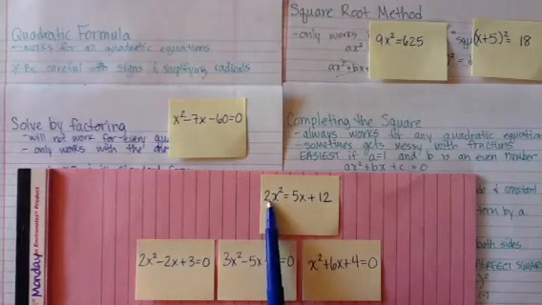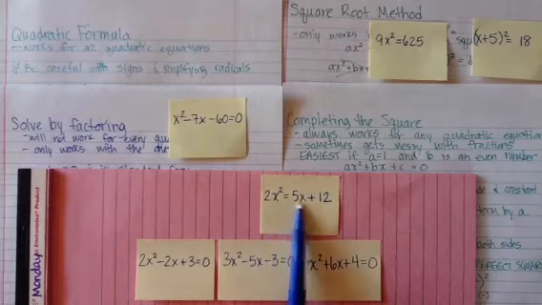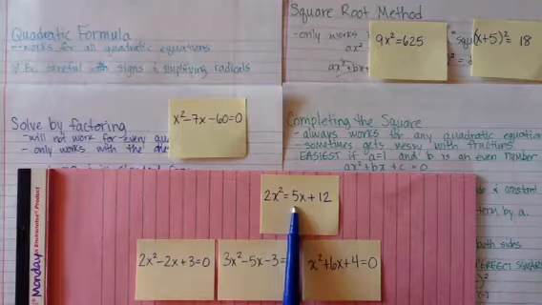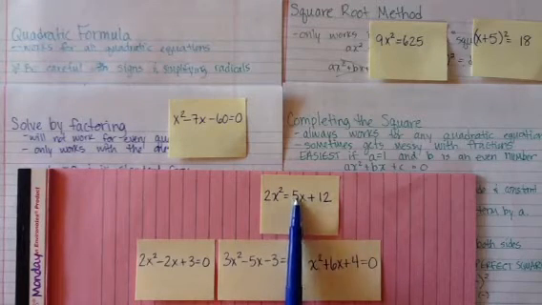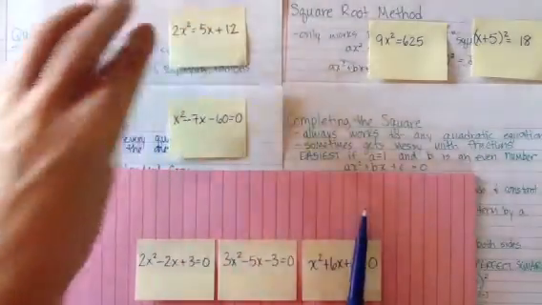If we look at this coefficient of 2x squared, the coefficient is 2. If we divide every term by 2, we're going to have 5 halves for b, because b will not be an even number, it will be a fraction. So let's not do that by completing the square. Let's put that with quadratic formula.